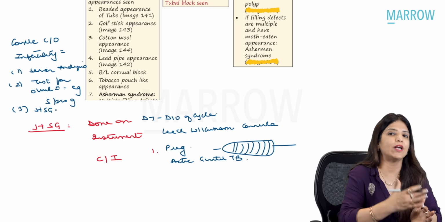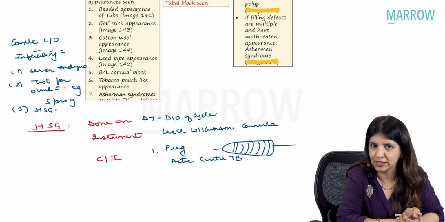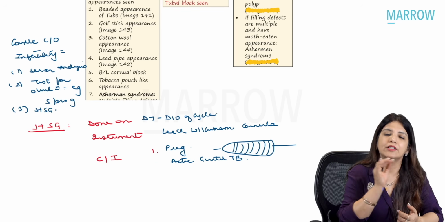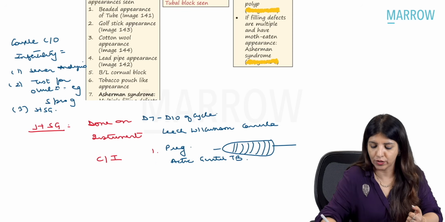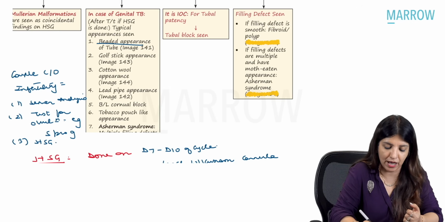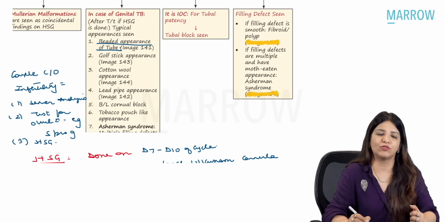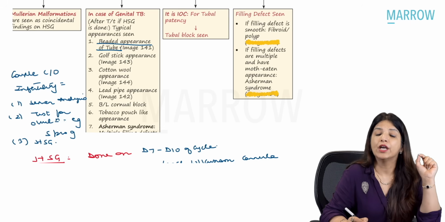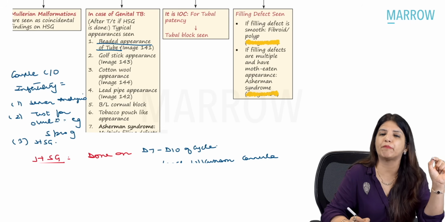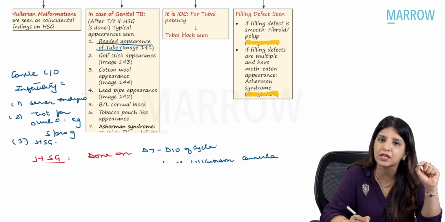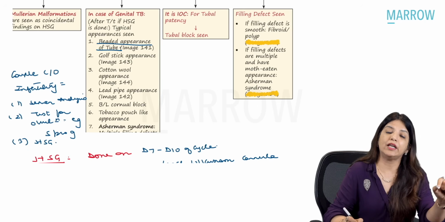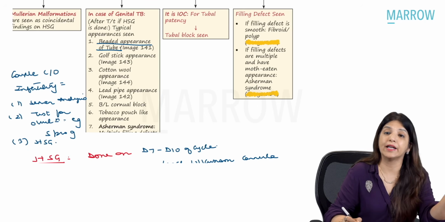Now, when you do HSG in a patient with genital TB, there are certain typical appearances you are going to get. Number 1, beaded appearance of the tube. Please be very careful. If your question says a beaded appearance is seen on ultrasound in the tube, then it is PID.